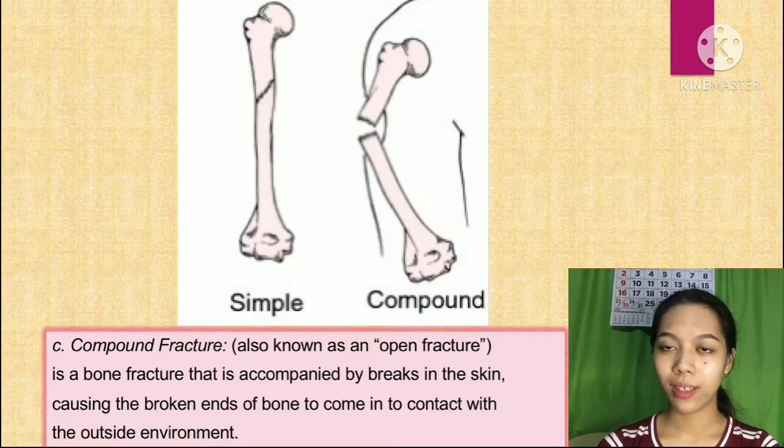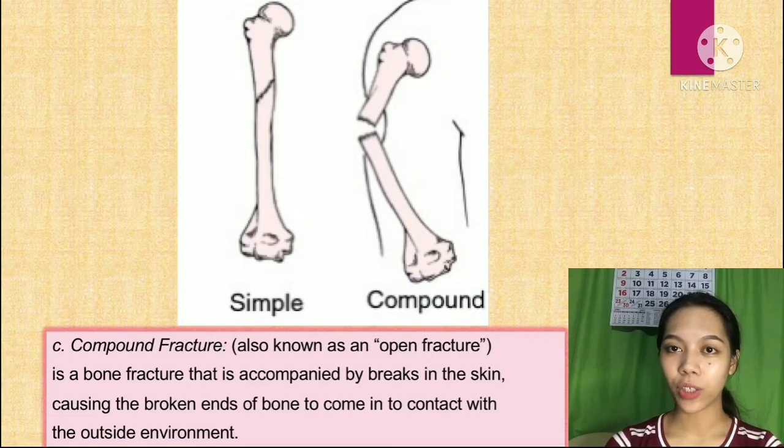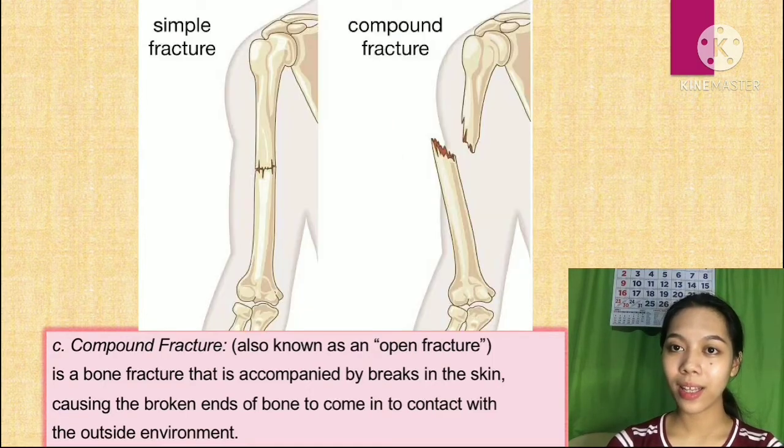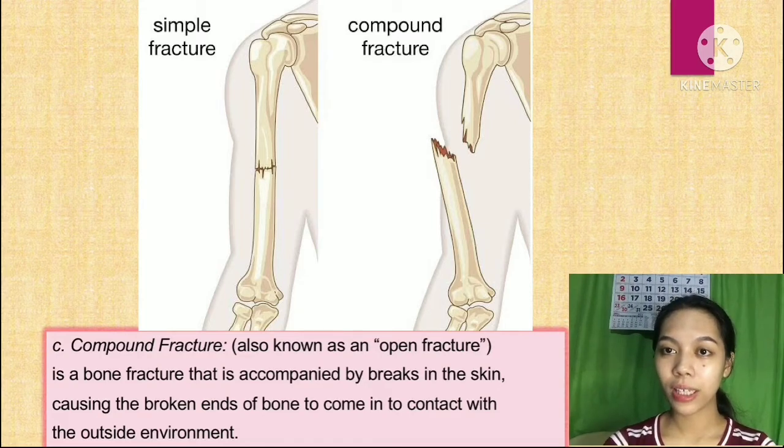Compound fracture, also known as open fracture, is a bone fracture that is accompanied by breaks in the skin, causing the broken ends of the bone to come into contact with the outside environment. Fixation can be used to immobilize a compound fracture by using rods, wires, pins, screws, and or plates placed to hold the bone in proper position during healing.